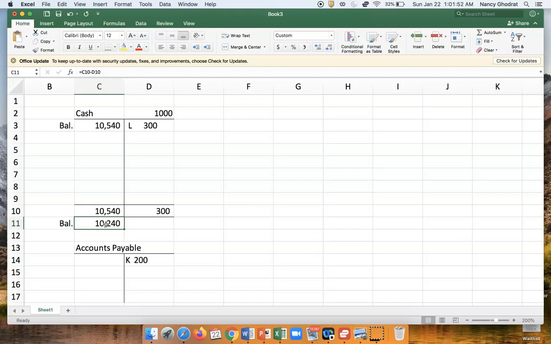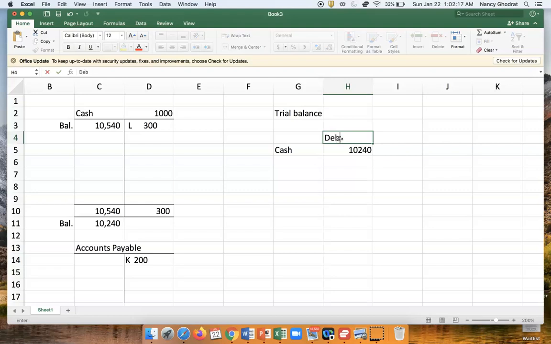Eventually, as part of the problem, after you analyze all the transactions, you're going to create a trial balance and show every account that has an ending balance. Of course, there are many other transactions that will affect cash, but if these were the only two transactions, then my ending balance for each account will show up in the trial balance for the company.